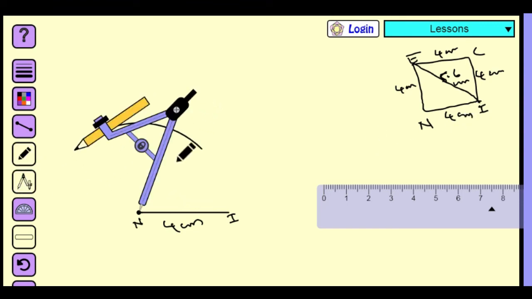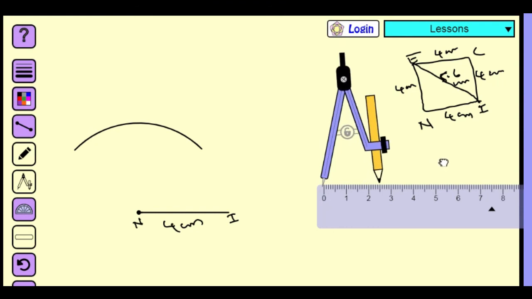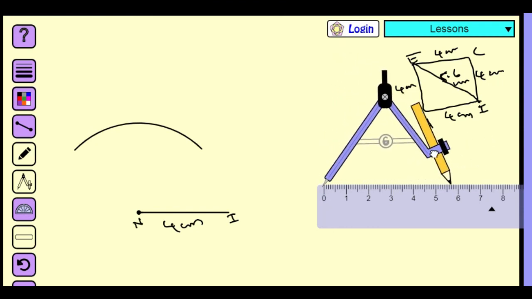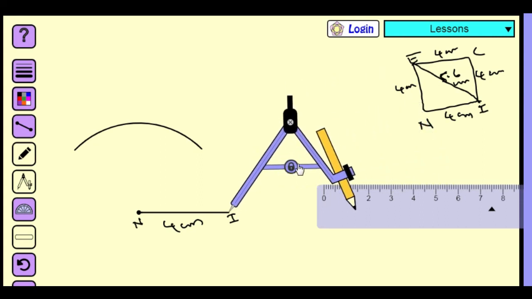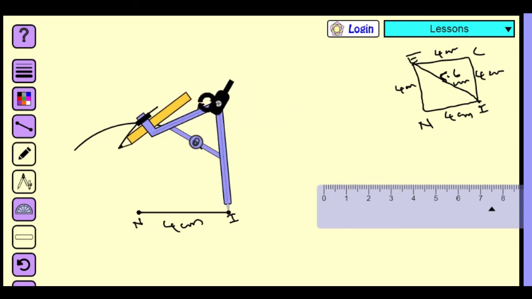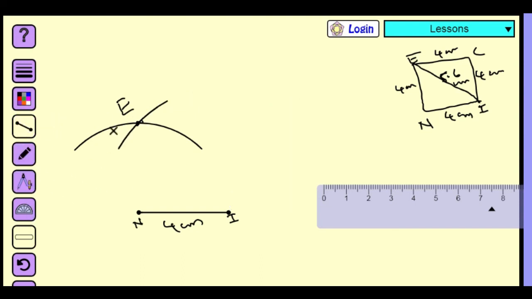Again take the compass and set the radius as 5.6 centimeters because the length of I to E is 5.6 centimeters. Now with I as the center, draw an arc which cuts the previous arc at point E. Now join E to N and E to I to complete the triangle.